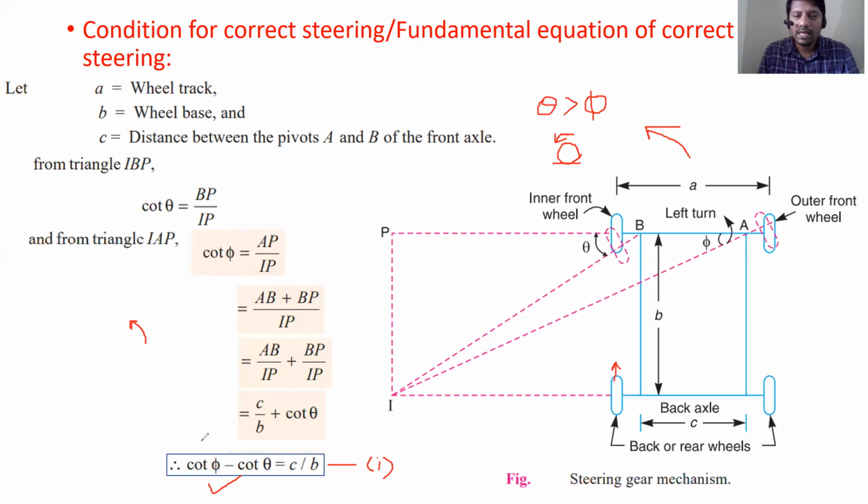But there are some mechanisms which do not satisfy this equation at all turning angles. We will discuss that when we deal with the different steering mechanisms. Generally, the steering mechanisms are the Davis steering mechanism and the Ackermann steering mechanism. What are the advantages, disadvantages and working of those mechanisms, we will see in the next class.